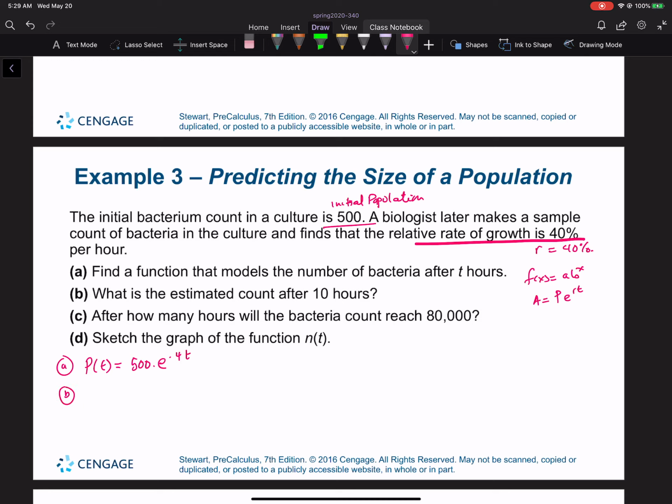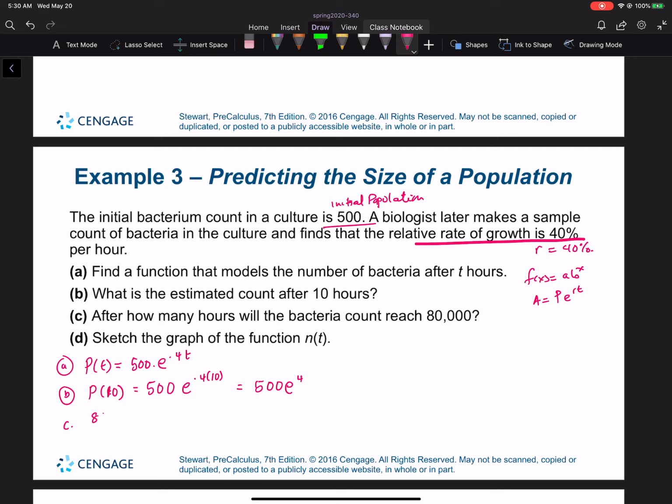And then B says estimate the count after 10 hours. So after 10 hours, you have P of 10 is equal to 500 e to the 0.4 times 10. That gives me 500 e to the 4. Okay. And then C says, after how many hours would the bacteria reach 80,000?